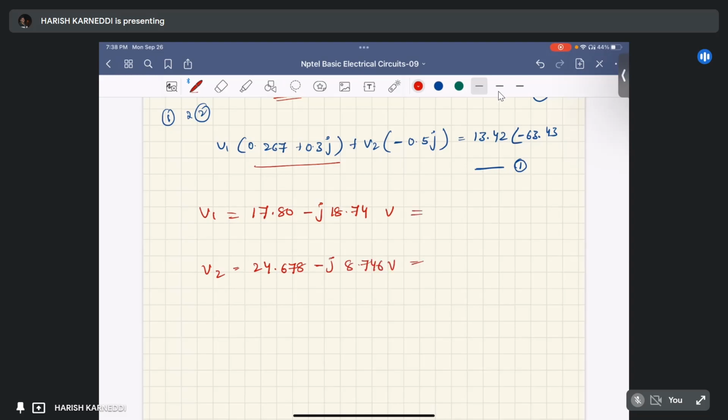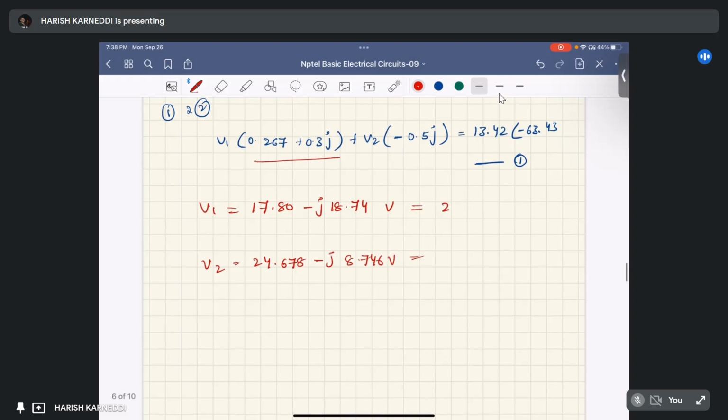We can write this 17.80 minus 18.74j in polar form as 25.846 at an angle of minus 46.47 volts.